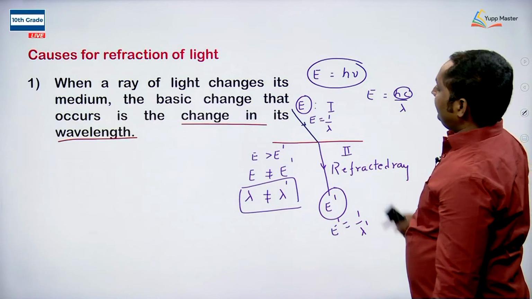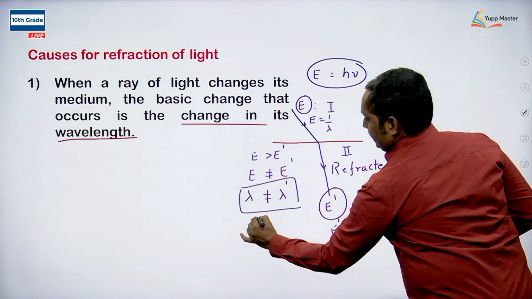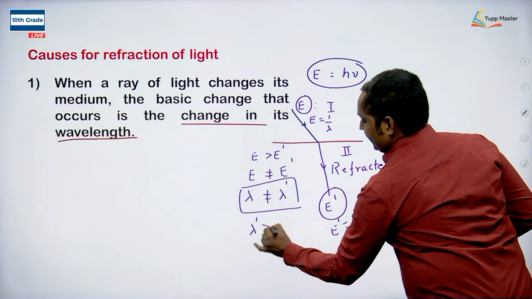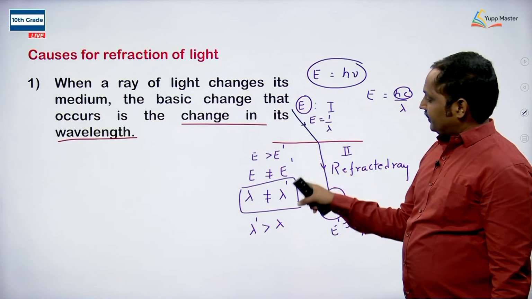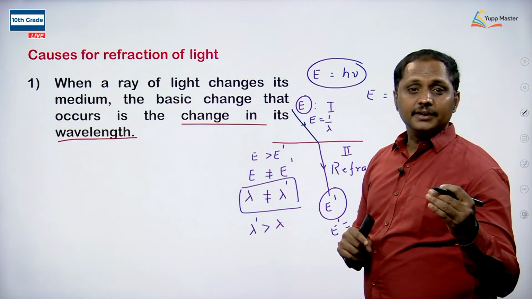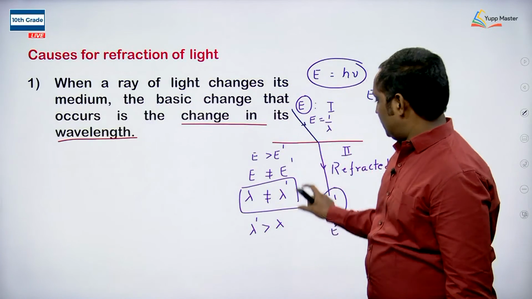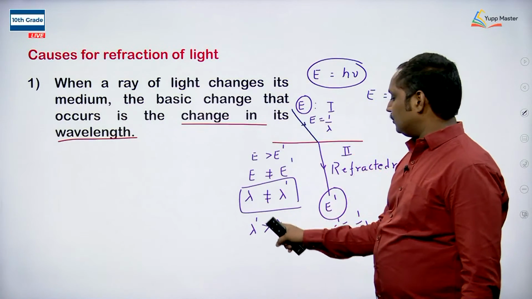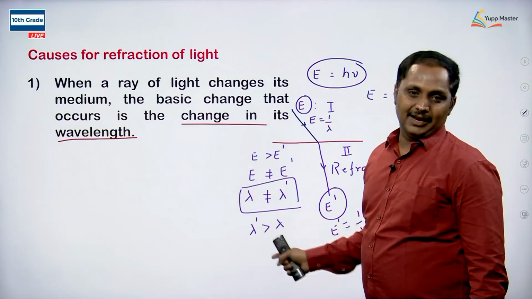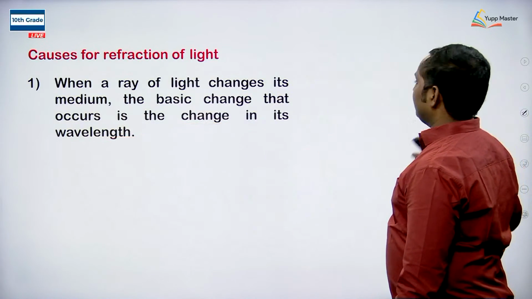What happens when lambda dash is greater than lambda? It varies in the reciprocal proportion. That is what you have to take, that lambda dash is greater than lambda. Now, it is very clear.